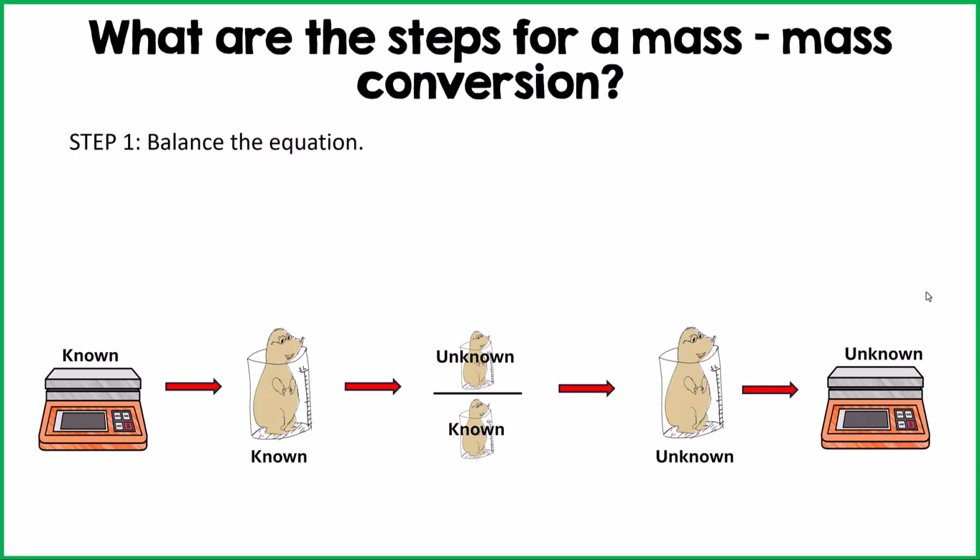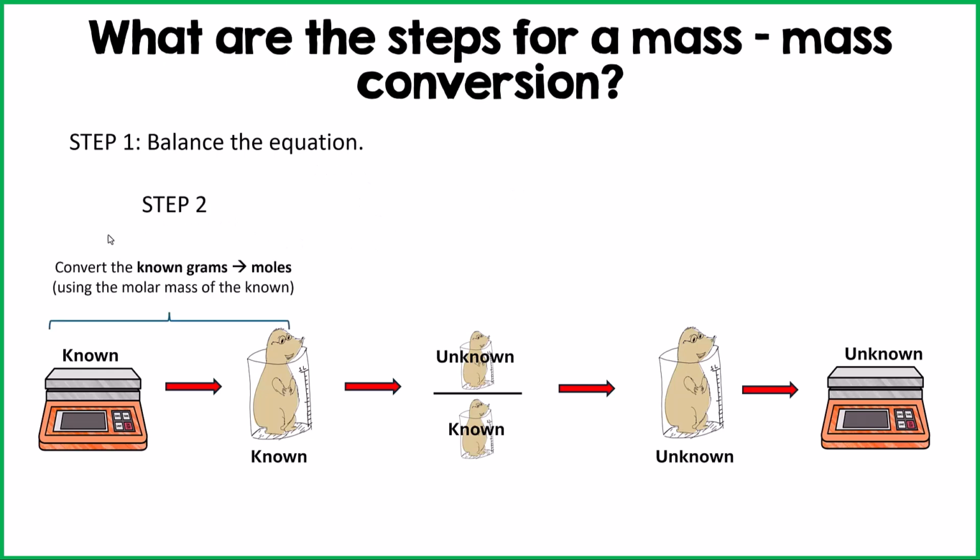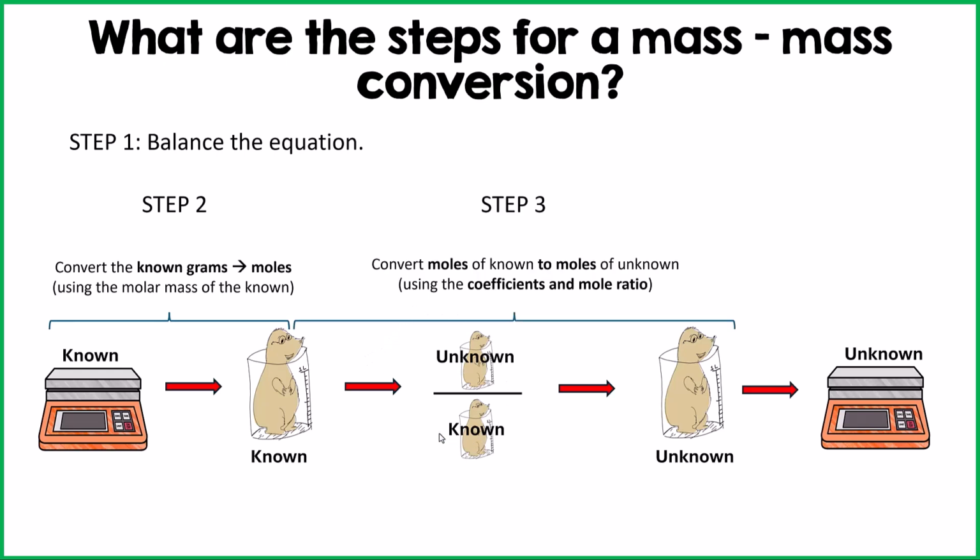So our steps are going to be very similar with one final step that we didn't use in the previous question. So we're going to start by balancing an equation, and then we're going to convert from grams to moles using the molar mass of the known substance. Then we're going to use the mole ratio to convert moles of the known substance to moles of the unknown substance.